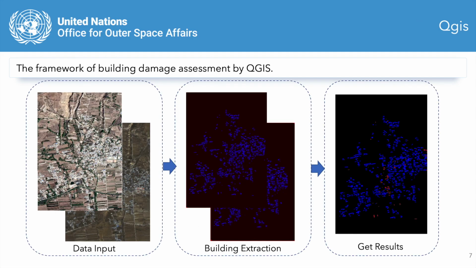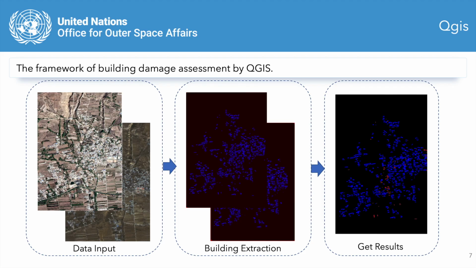Using the QGIS platform, we can quickly implement preliminary building damage assessment through plugins like MapFlow. The workflow consists of 3 key steps. First, the MapFlow plugin is used to automatically extract building footprint maps from two sets of imagery, pre-disaster and post-disaster.